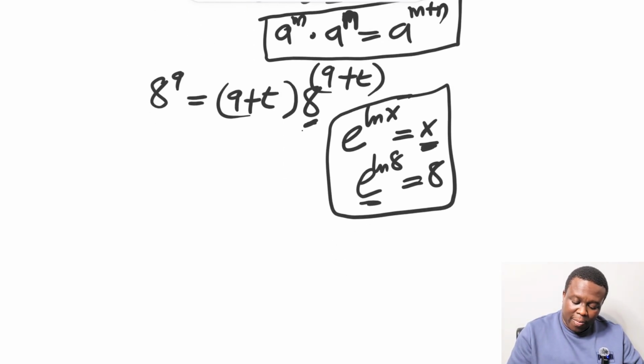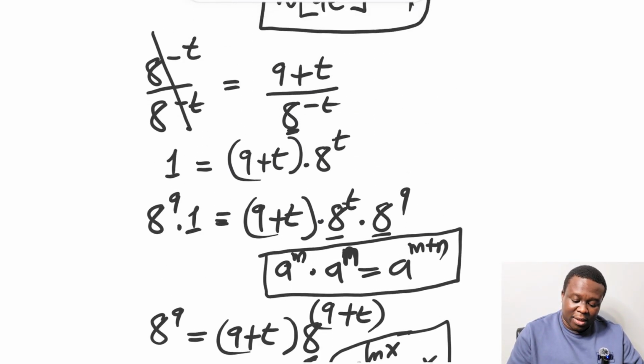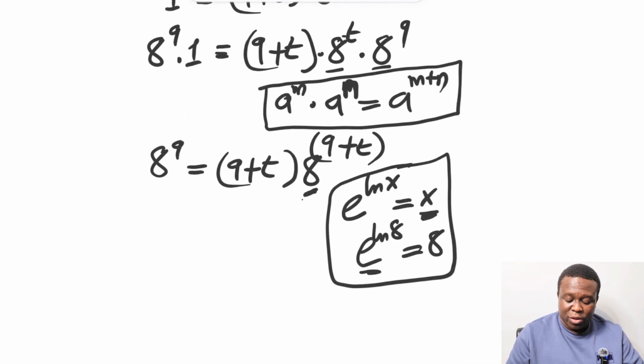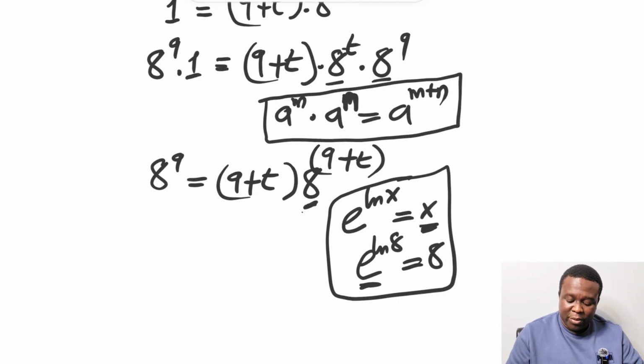We're doing that because the Lambert W function requires that. We have the a here, we have the a at the power, there's an e. We need to introduce the e somehow. And this is how we introduce the e, by using the formula e raised to the power ln of x equals x.